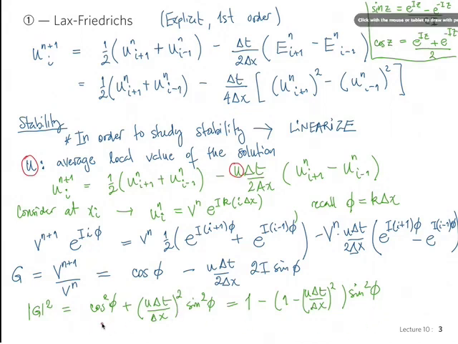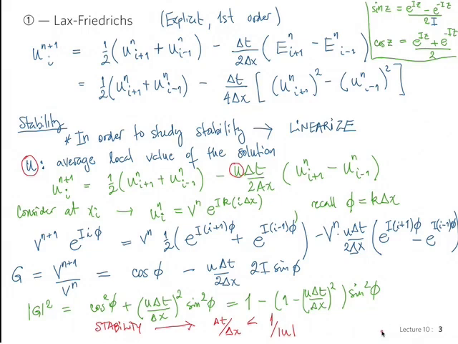For stability, you see that we're going to need delta t over delta x less than, here we have this u value, and so 1 over absolute value of u.